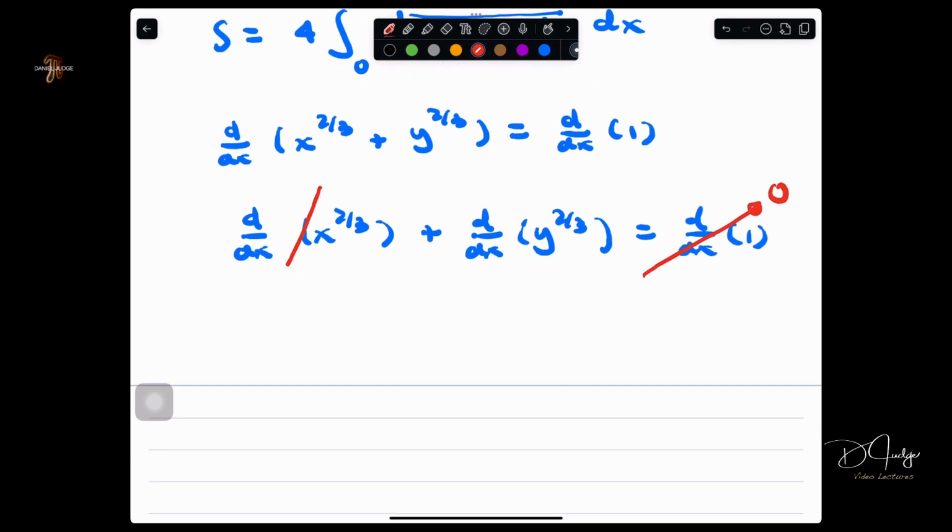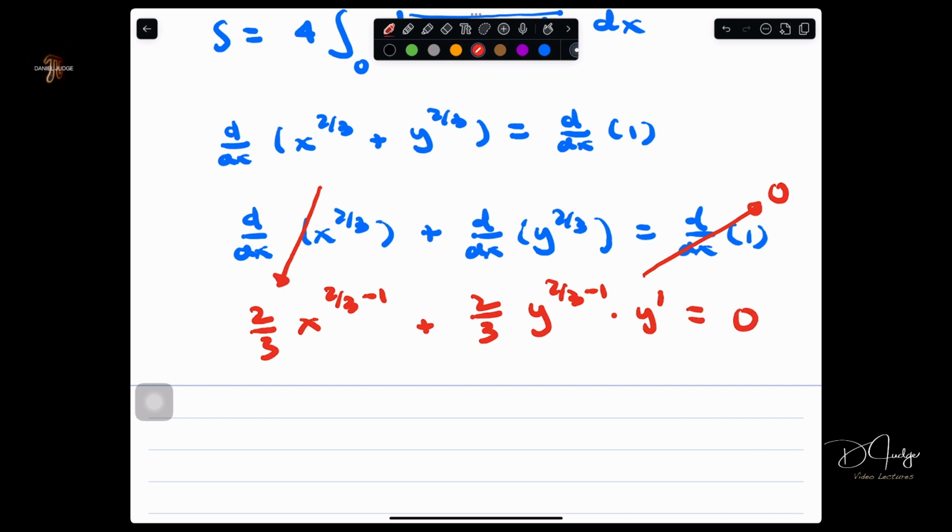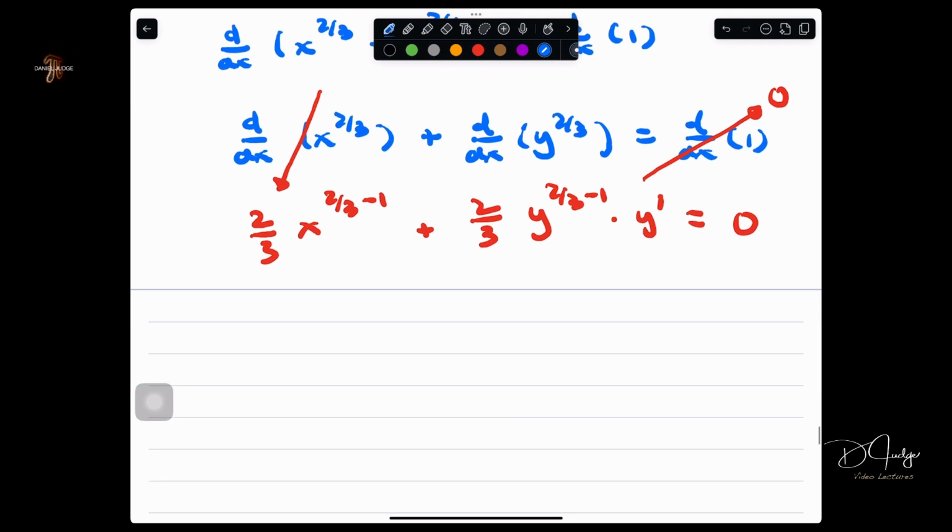Okay, so let's actually find this derivative. So 2/3 x to the 2/3 minus 1 plus 2/3 y to the 2/3 minus 1 times y prime equals 0. Okay. And I can divide both sides by 2/3.